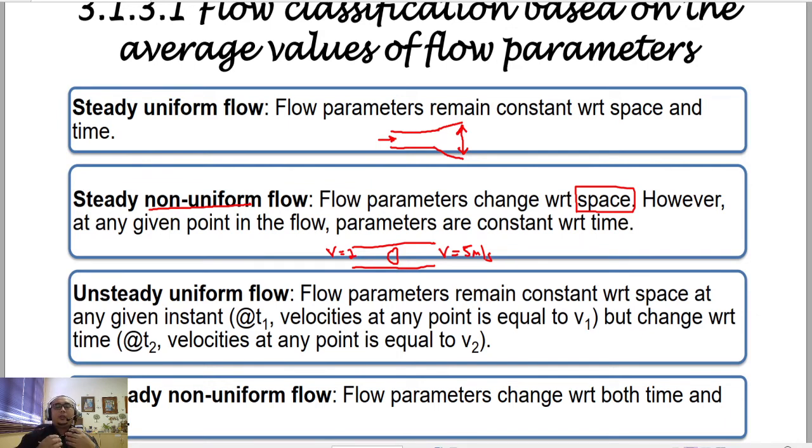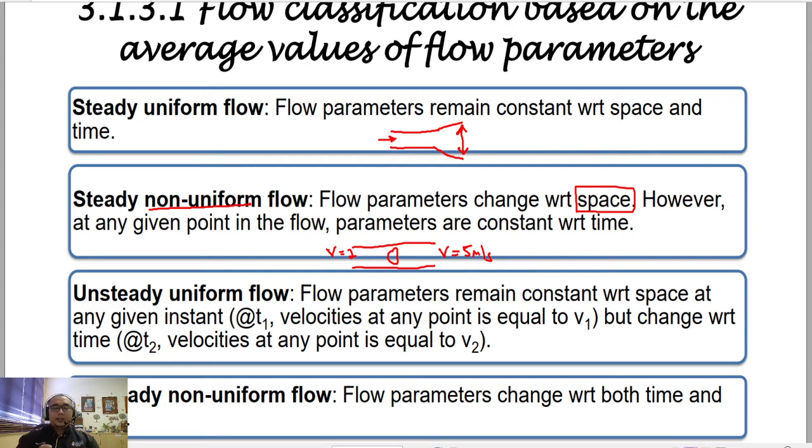So, kita punya flow parameter pun akan berubah. Maksudnya, contoh daripada kecil ke besar, satu, dia dah berlaku perubahan space. Pada masa sama, dia punya velocity juga, dia punya masa juga berubah yang menyebabkan kita punya flow parameter, velocity ataupun kita punya flow rate berubah. Okay, dia adalah unsteady non-uniform flow.